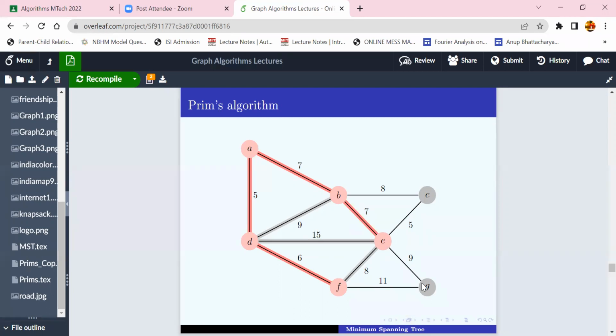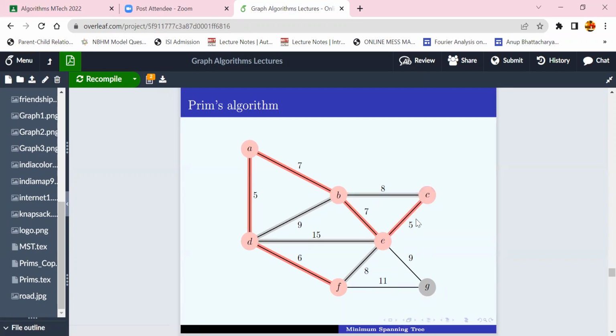Which edge? CB. Or is it EC? Yes, very good, because EC has less weight, it was a 5.